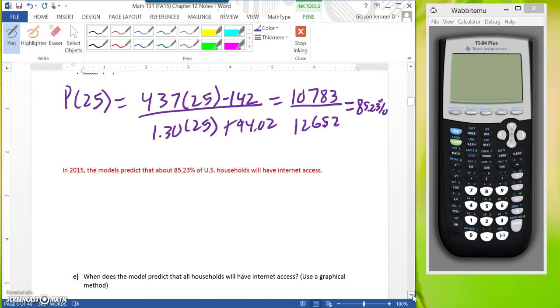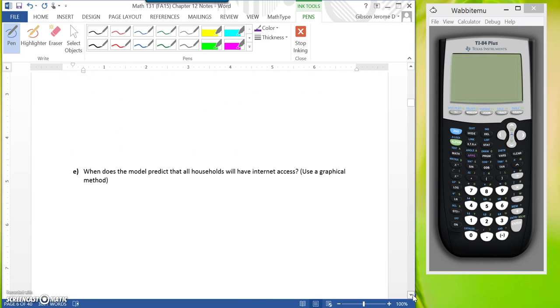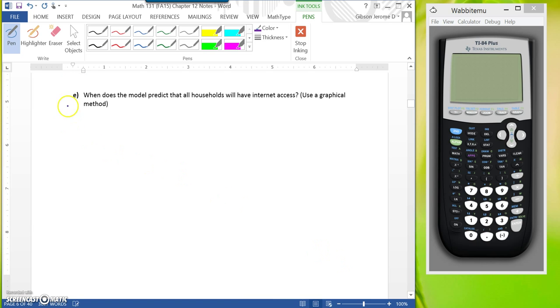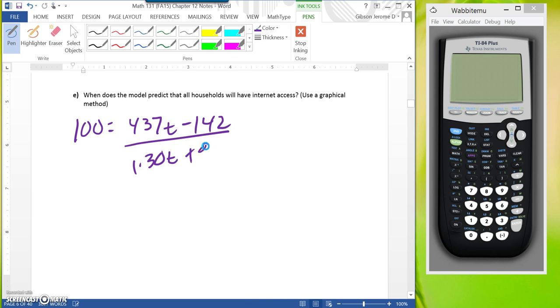Okay, now scroll on to E. It says, when does the model predict that all households will have internet access? Use the graphical method. So now we have 100, which would indicate 100%, equals 437t minus 142 all over 1.30t plus 94.02.